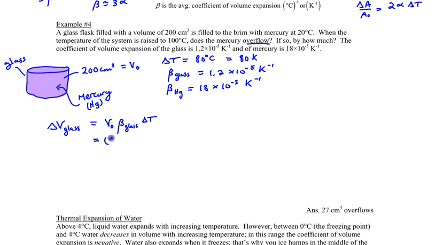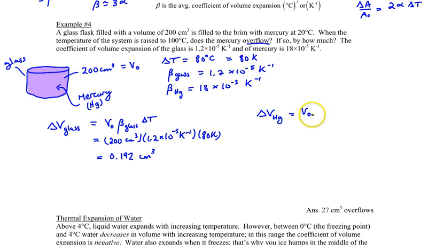So this is going to give you 200 centimeters cubed multiplied by 1.2 times 10 to the power negative 5 Kelvin to the power negative 1, and the change in temperature is 80 Kelvin. That means it only gets an extra volume of 0.192 centimeters cubed.